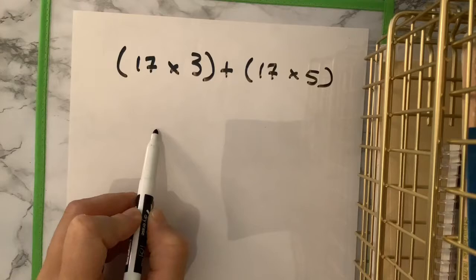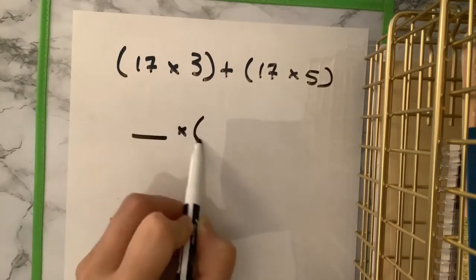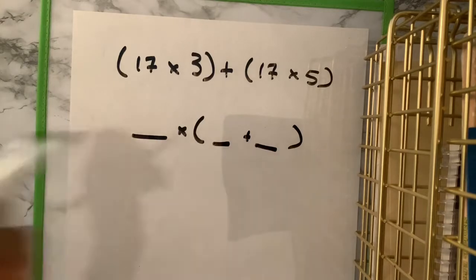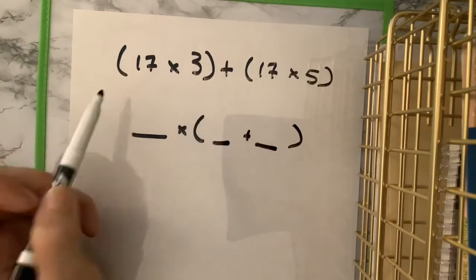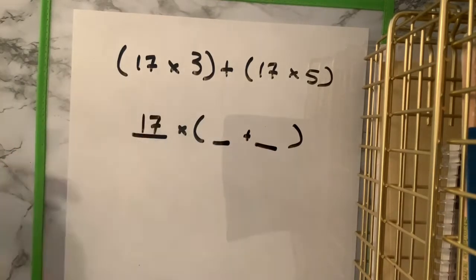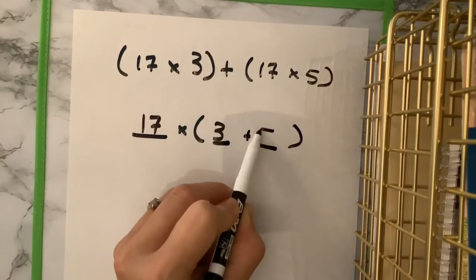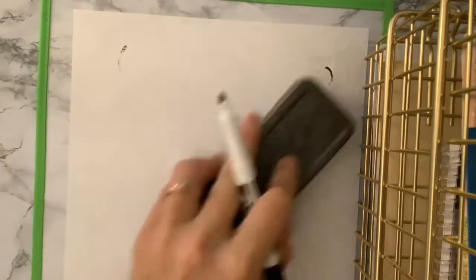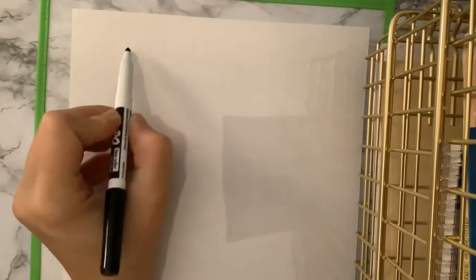Okay, so our answer is going to be like this. So we're pulling out a number, which hopefully you notice the number that appears twice is 17. So that goes there. And then we're going to fill in, and again, in order, because when it comes to subtraction, the order matters. Okay, let's try a couple more where it is in the first place.